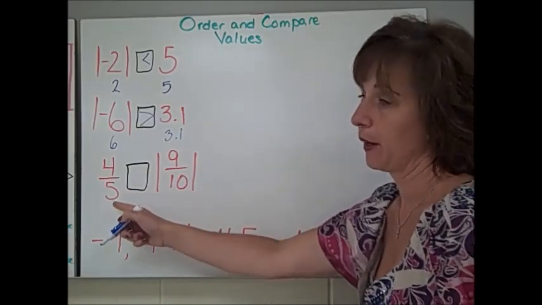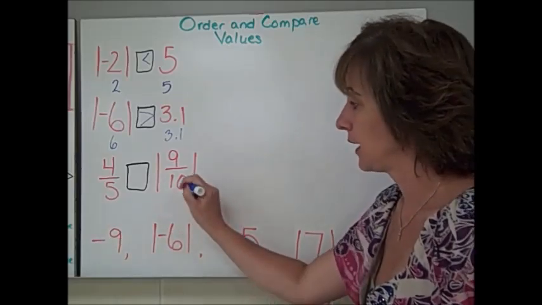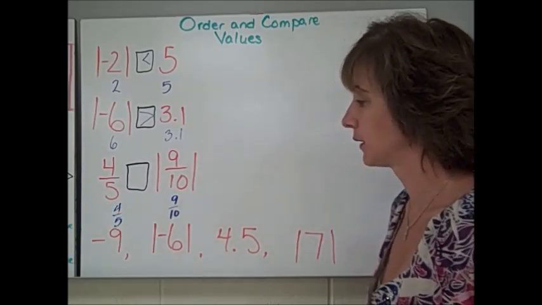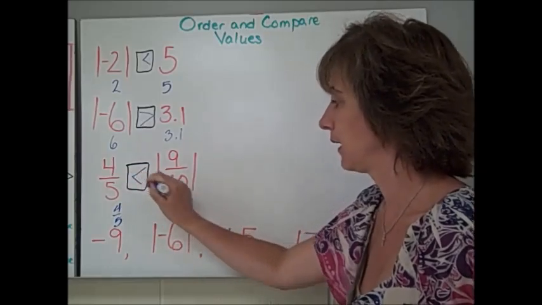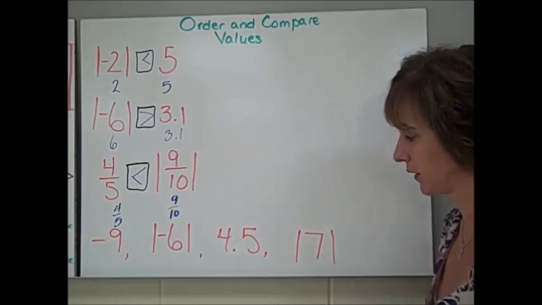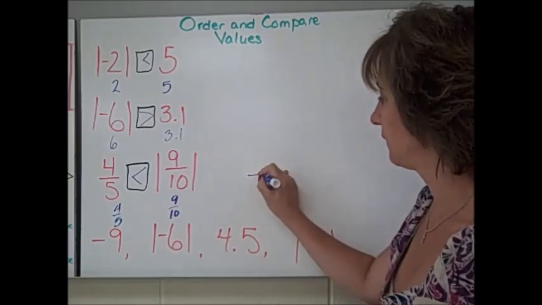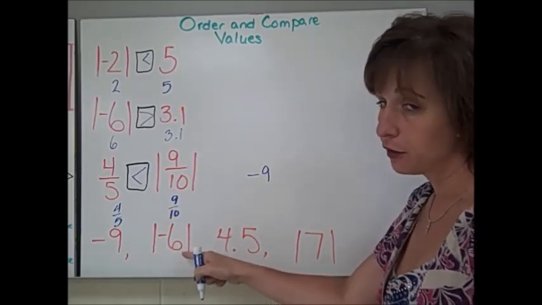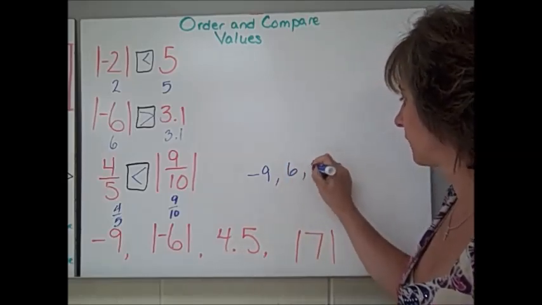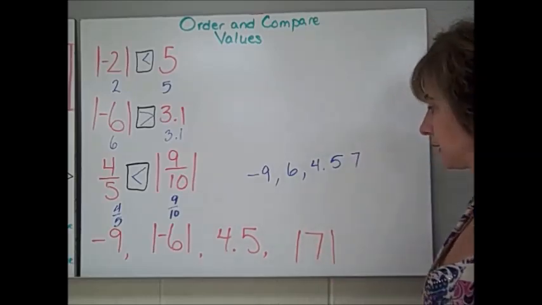Here they're asking you to compare 4/5 to the absolute value of 9/10. The absolute value of 9/10 is 9/10, and 4/5 is 4/5, and 4/5 is less than 9/10. Here it's asking you to order these from least to greatest. So let's rewrite the numbers that we are to order. -9, the absolute value of -6, which is 6, 4.5, and the absolute value of 7, which is 7.